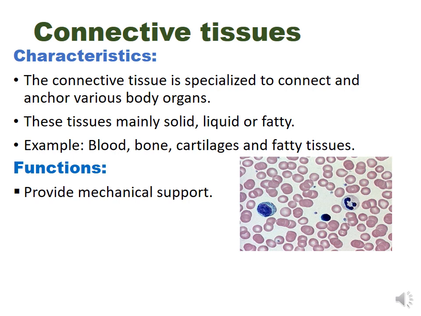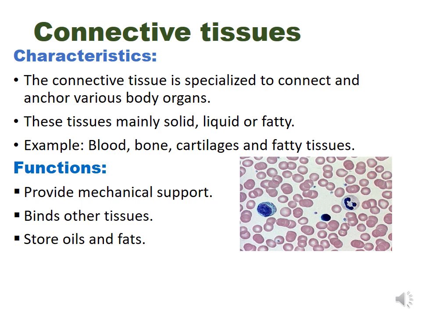Connective tissues provide mechanical support, such as bone and cartilage, which form the skeleton of our body. They bind other tissues, and bone and cartilage provide the frame of the body.